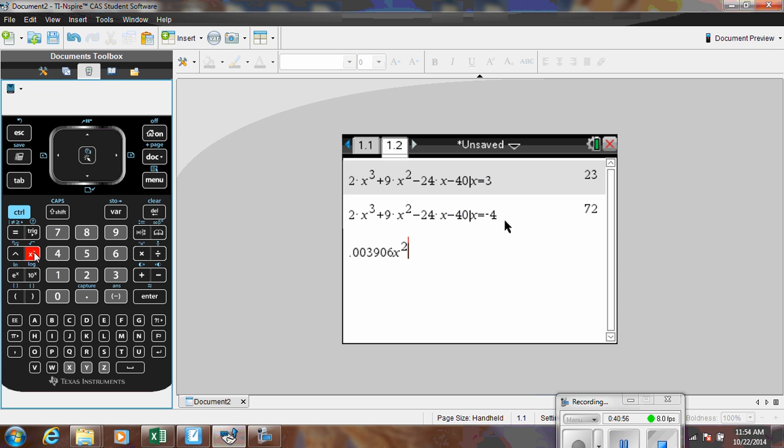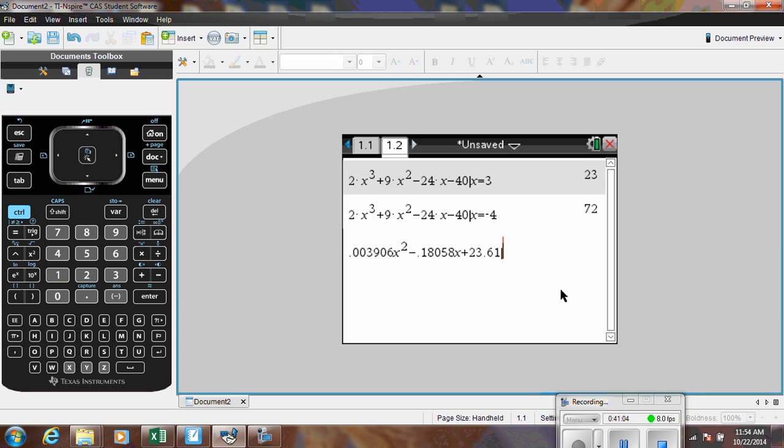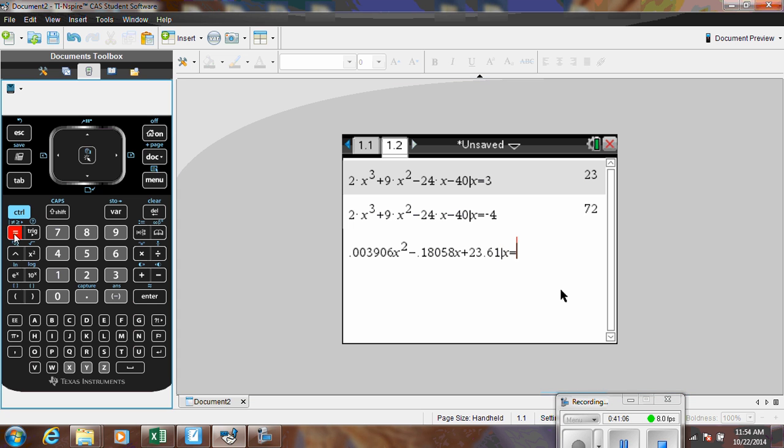And so coming back, all right, we have our function plugged in. Given that x is equal to 0, we would get an acceleration of 23.61.